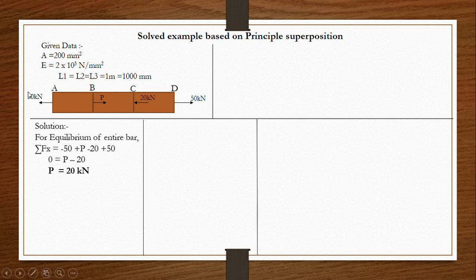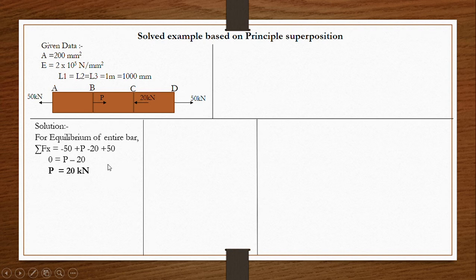So we take this 50 as a minus, as it is going to the left-hand side. So minus 50, P on the right-hand side will be positive, minus 20 and plus 50 as it is on the right-hand side. So the value of P will be 20. I repeat, minus 50 plus P minus 20 and plus 50.